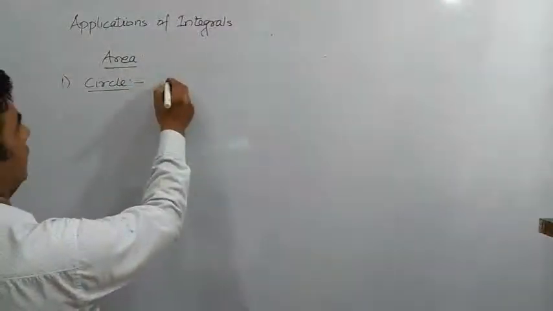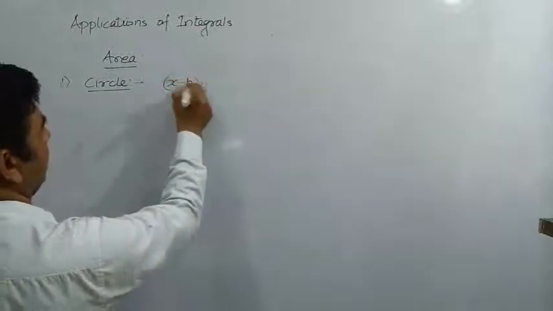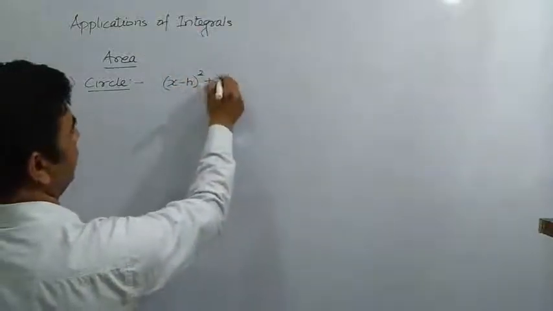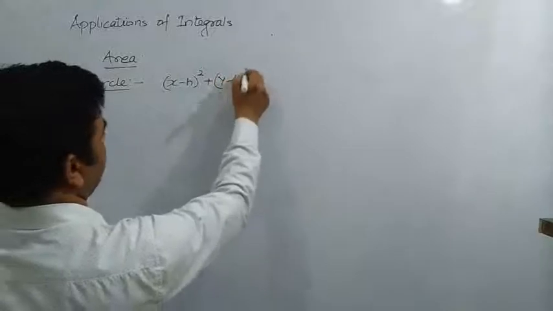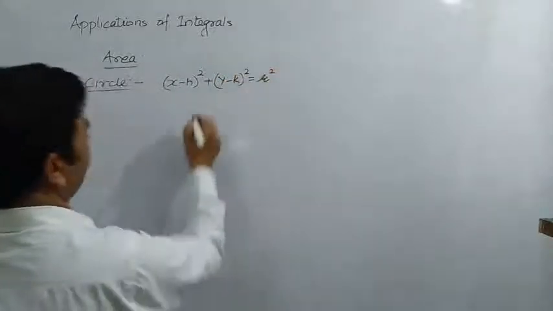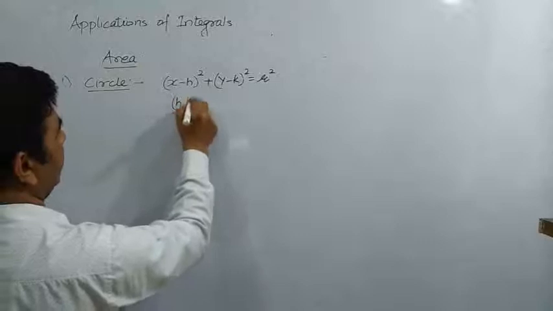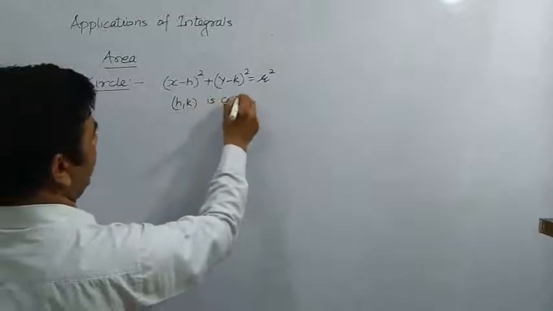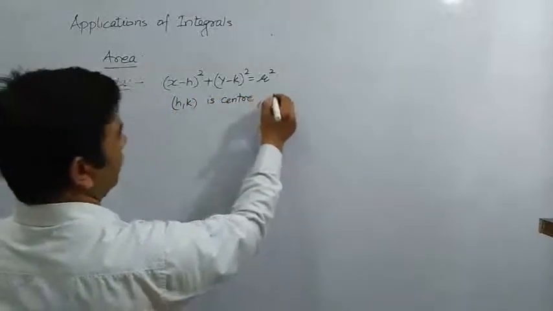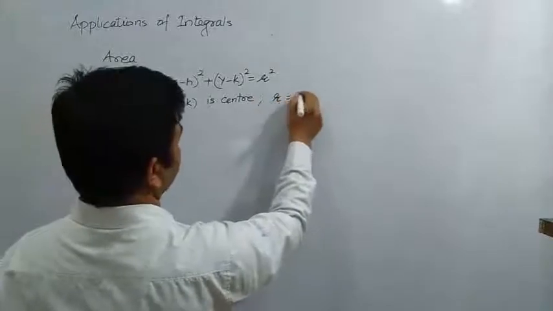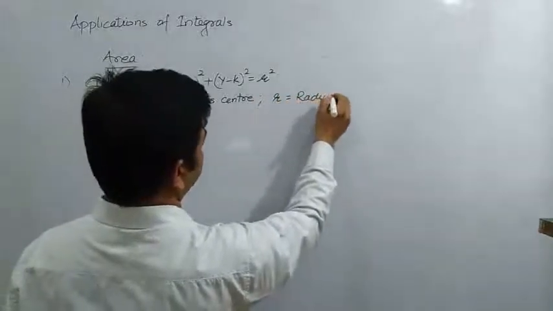Now let's write down the equation of the circle in standard form, which is given by (x minus h) whole square plus (y minus k) whole square is equal to r square, where (h, k) is the center of the circle and r is the radius of the given circle.